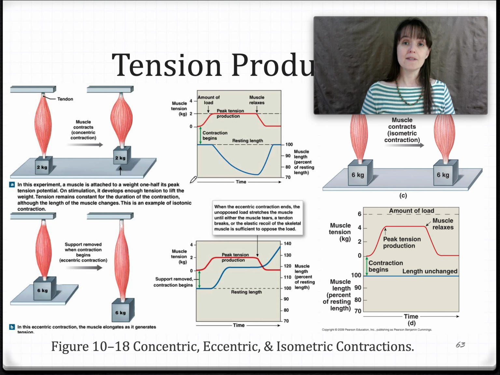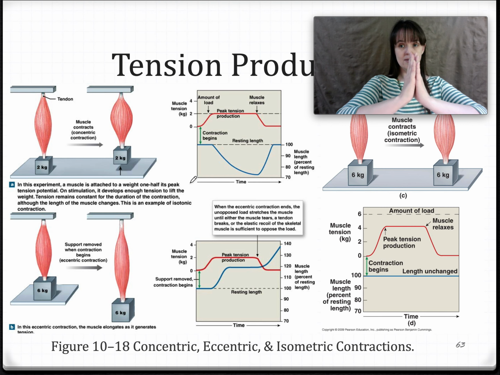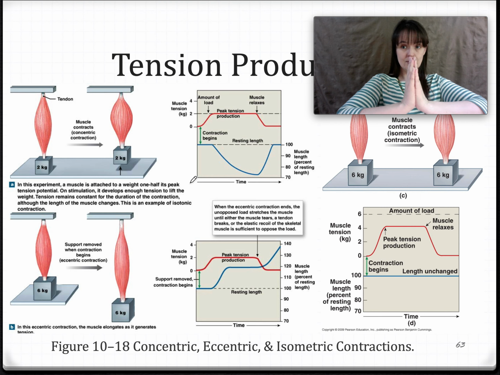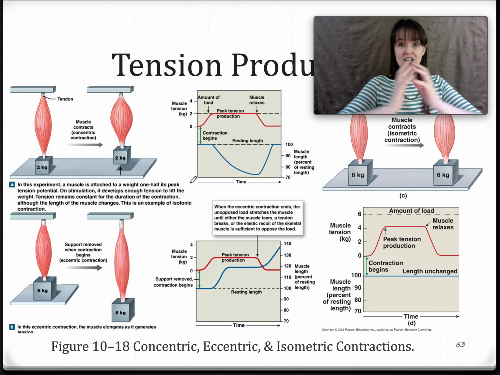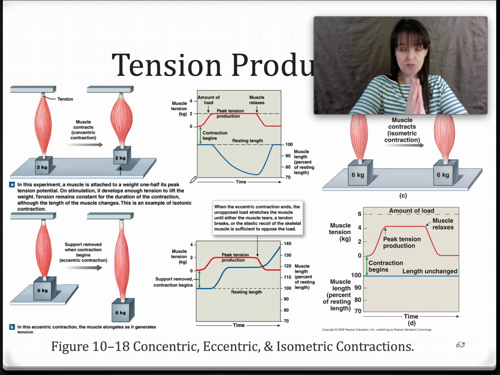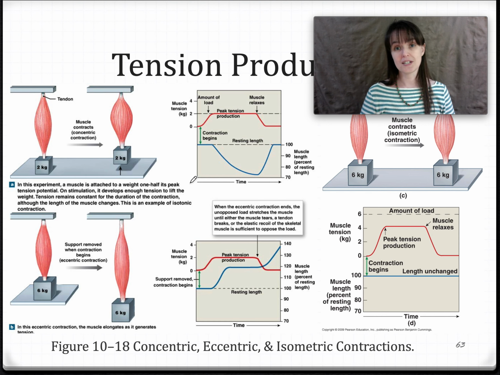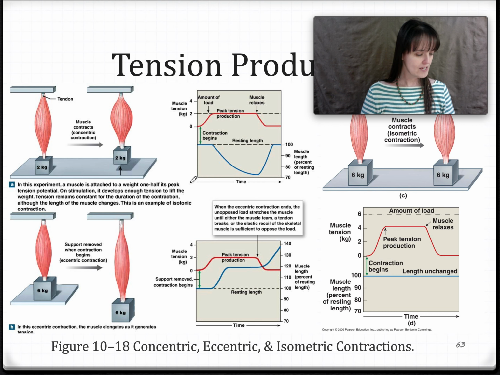Okay. Isometric, you're not changing the length. So isometric exercises would be like if you put your hands together and push them together as hard as you can. So your biceps are contracting, your various muscles here are contracting, and they're changing in tension as you push harder, but they are not changing in length.